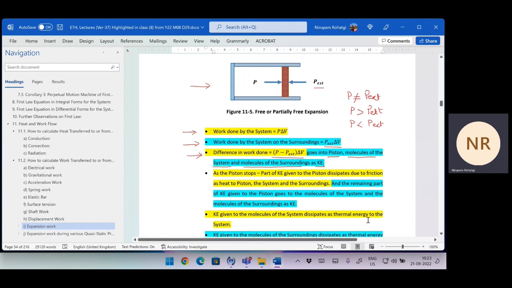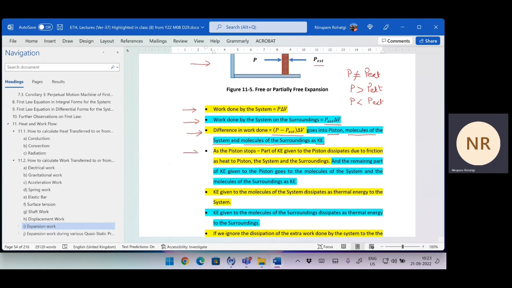Now what will happen to the piston? Piston doesn't keep on moving continuously. Piston will stop, right? You can have those systems, but those will be different types of problems. At the moment we assume that the piston has stopped. Now what has happened? If the piston has stopped, its kinetic energy is gone. Where has that kinetic energy gone?